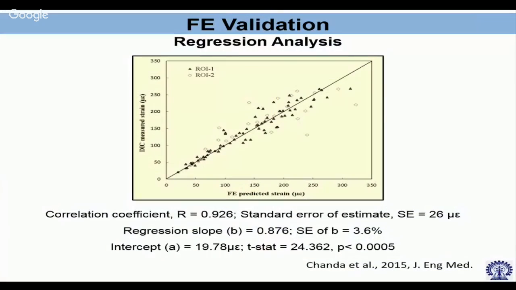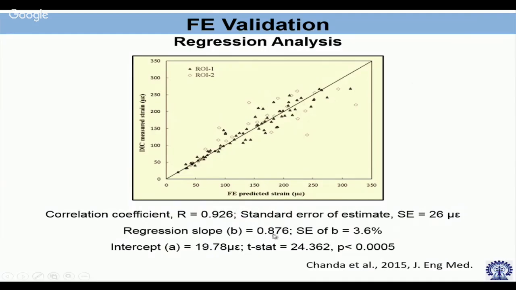So when we plot the points with respect to the FE predicted strain, we get a scatter diagram like that, and as usual this line is the ideal line about which these points are distributed. Here we get a correlation coefficient of 0.926, and a very low standard error of the estimate, 26 microstrain.